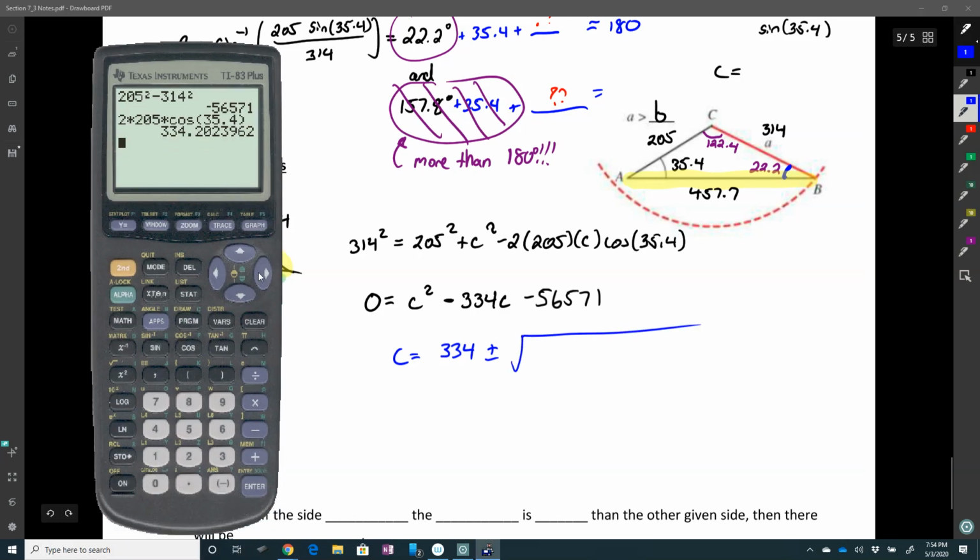Just going to type all that in my calculator. The square root of b squared, the negative will cancel out, making it positive anyway, minus 4 times a c, negative 56,571.